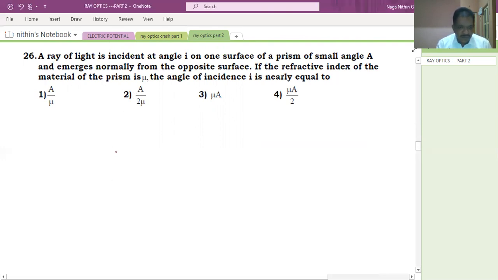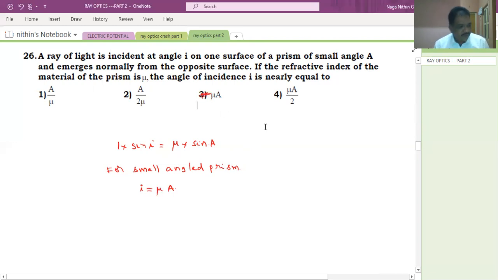So here it is entering from the air, 1 into sine I is equal to mu into sine R, value here it will be A. For small angled prism, I is equal to mu into A. This is the answer.